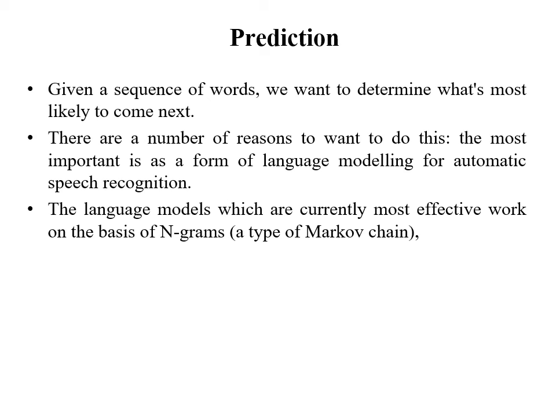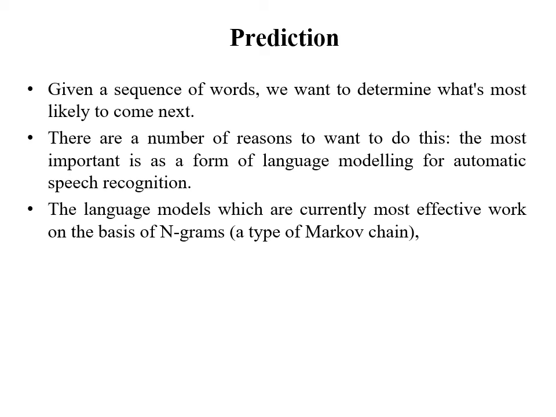For example, if you are using the word "good", then after "good" you can predict that it may be "good morning", "good afternoon", "good evening", etc. There are a number of reasons to want to do this. The most important is as a form of language modeling for automatic speech recognition. So for automatic speech recognition, the prediction of the word is very important.